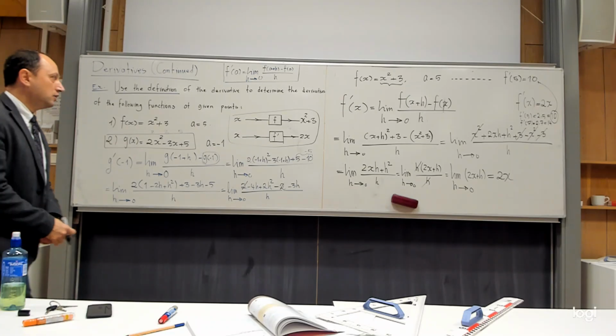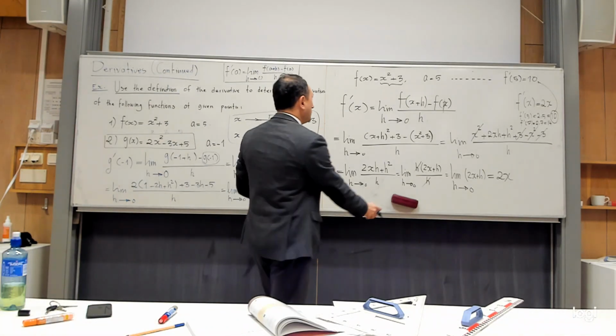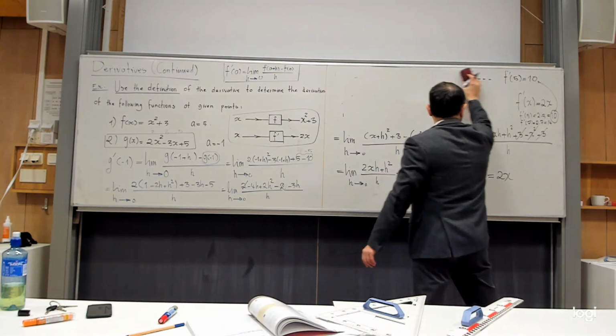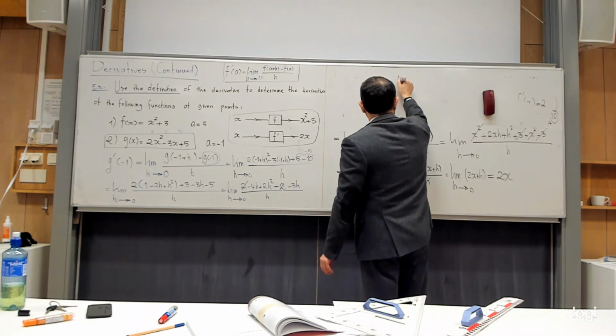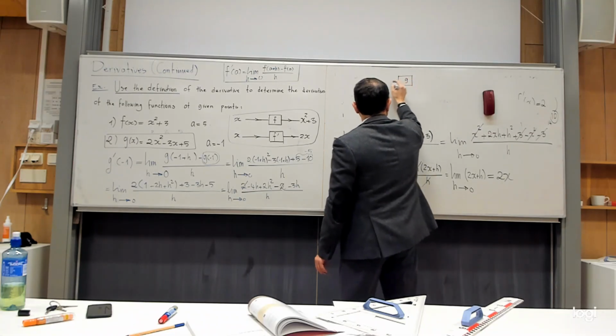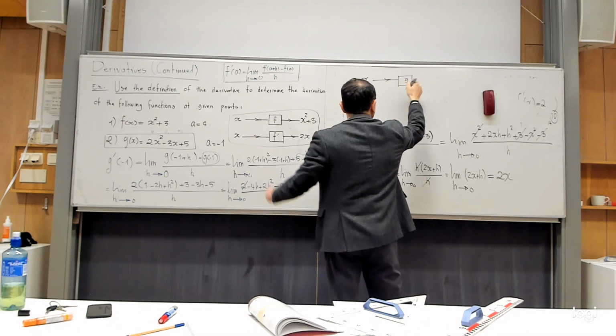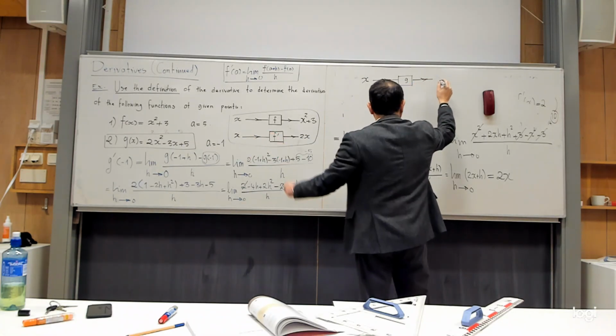Okay? Now, I want to ask the same question for you, but for g. Let me just draw the diagram here. If you want to imagine the function g, when I send x to g, what do I get as the output? It is on the board.